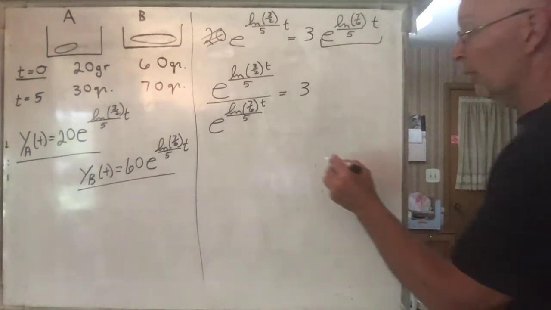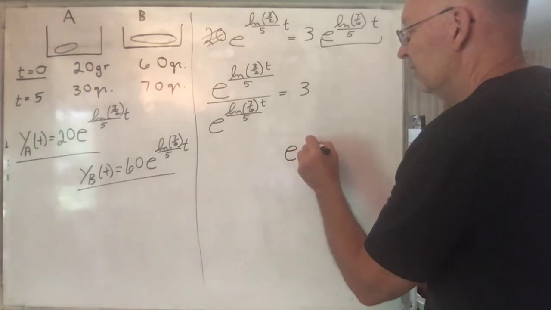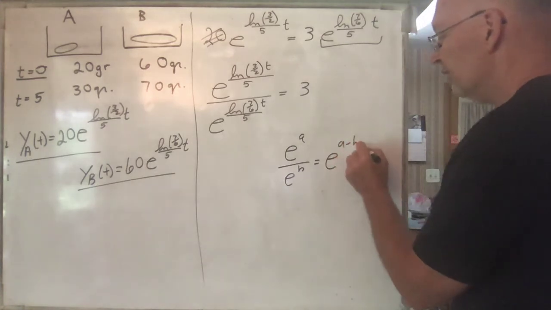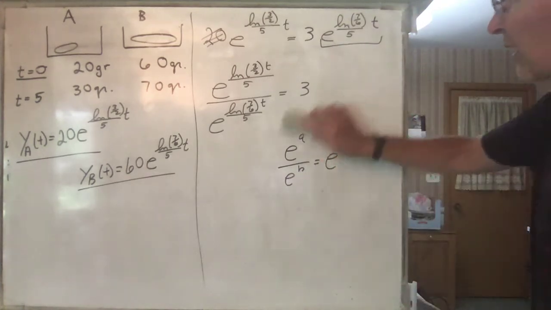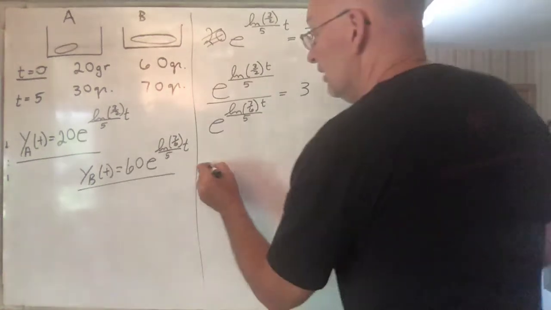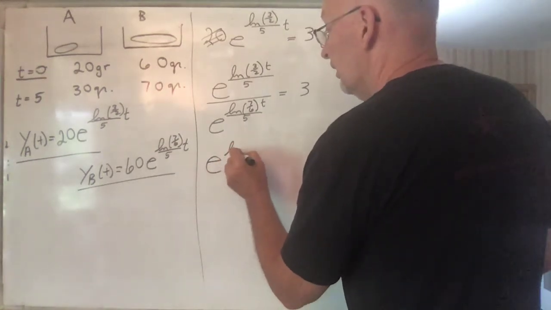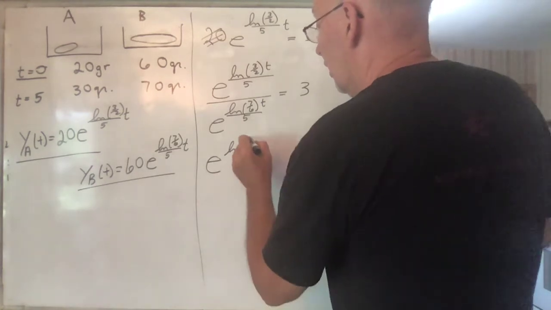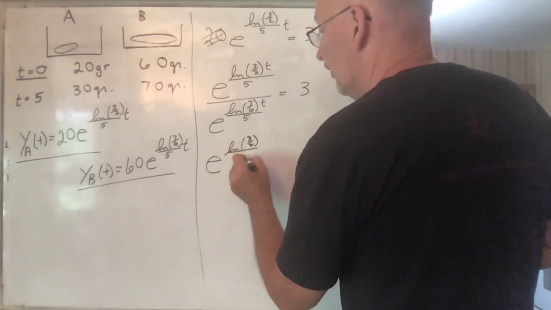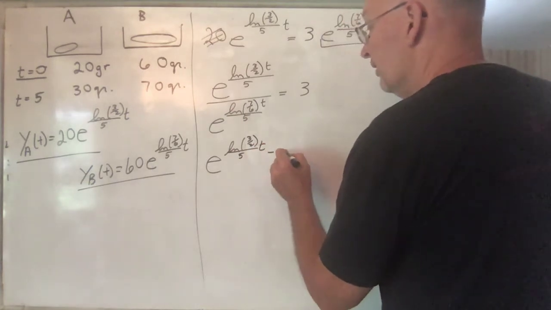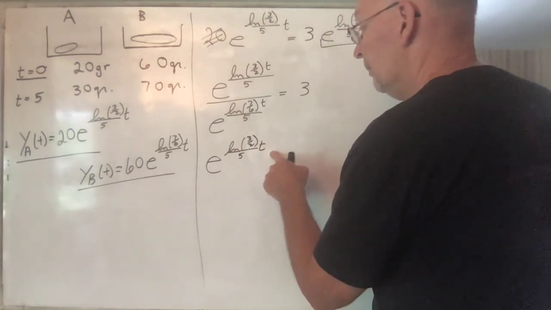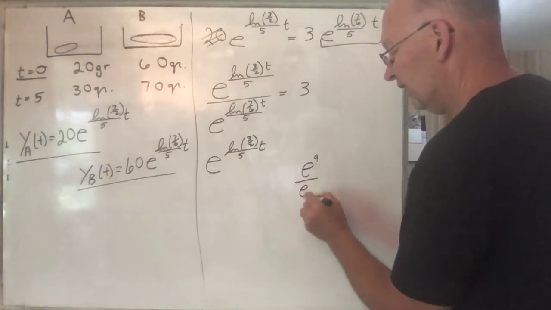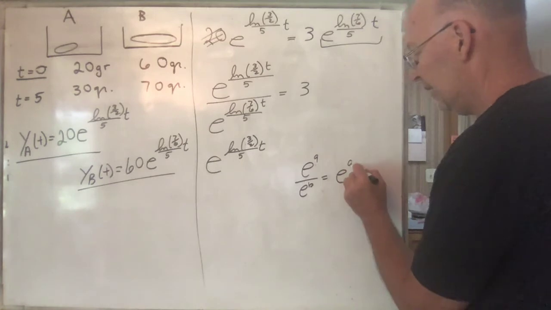And now, remember what we know about exponentials? e to the a divided by e to the b is equal to e to the a minus b. Agreed? So here I can write this as e to the ln of 3/2 over 5t minus, let's see, what did we say? e to the a over e to the b is equal to e to the a minus b.